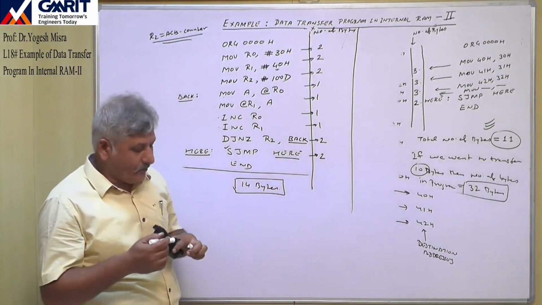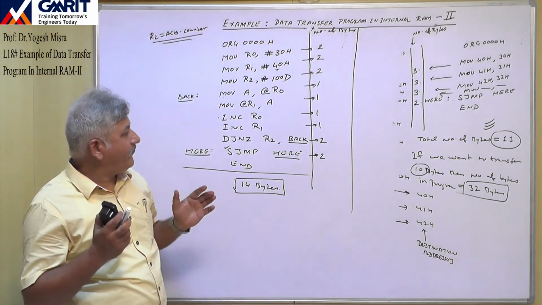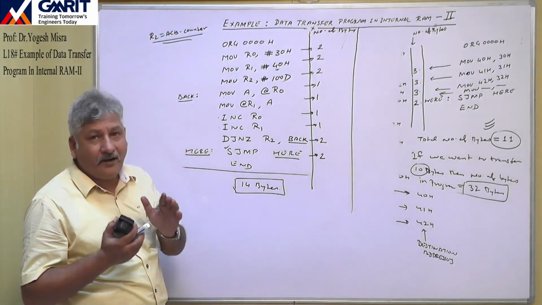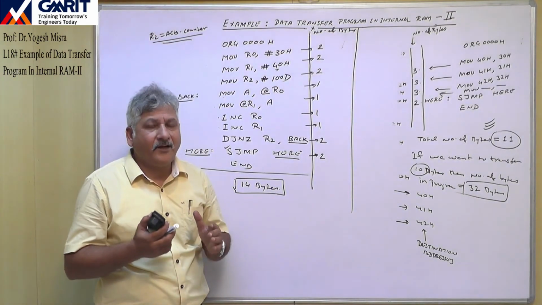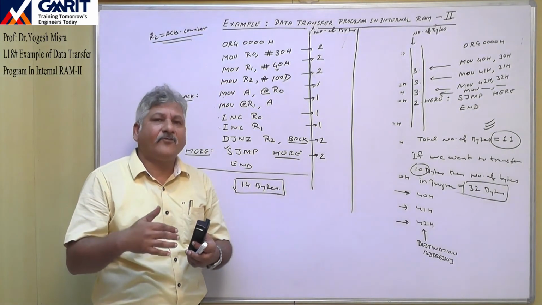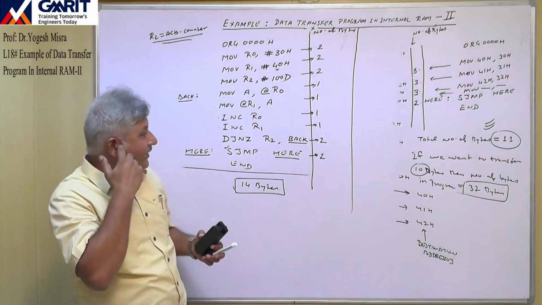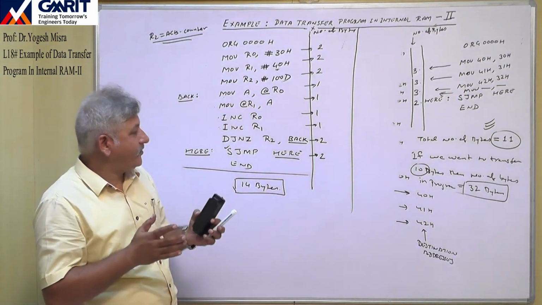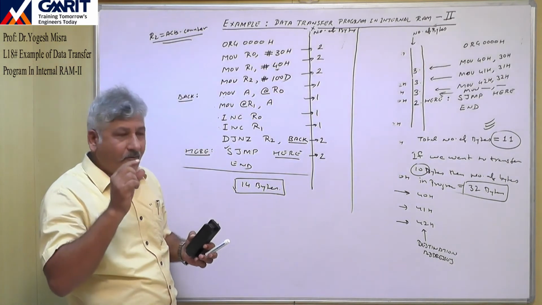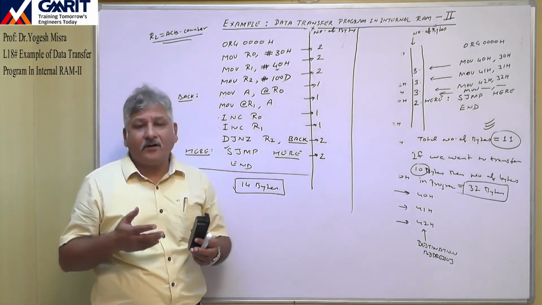As a programmer, you must try to write an efficient program which consumes fewer bytes and which is universal, so that it can be utilized for transfer of 2 bytes, 10 bytes or 100 bytes, like that. Efficient means it consumes fewer bytes, because the resources in the controller are limited.